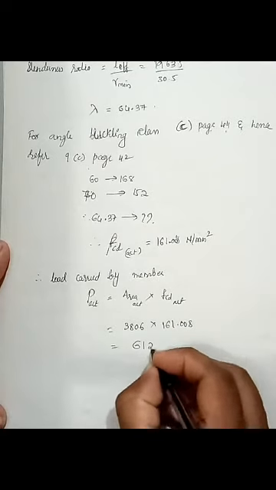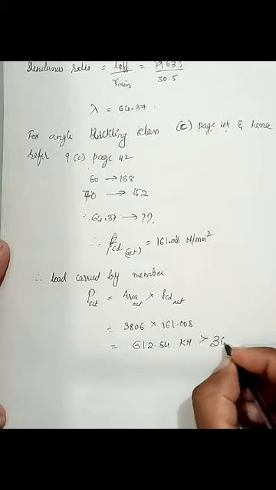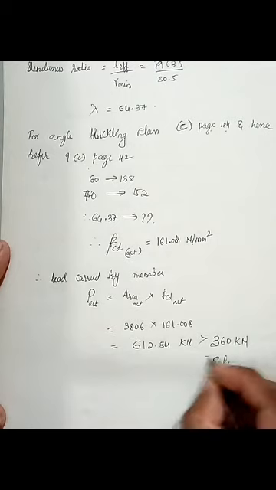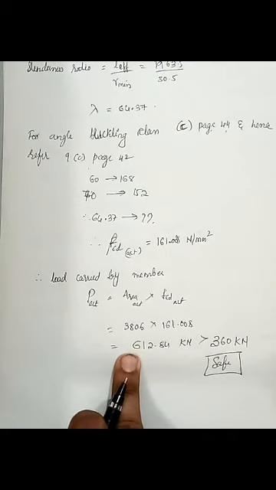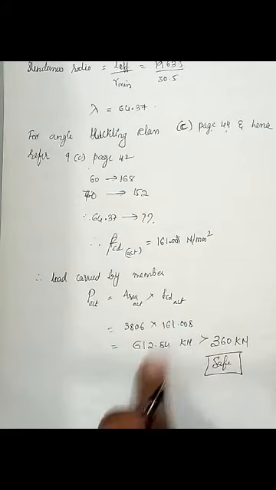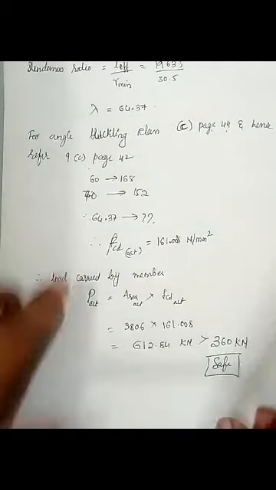So 612.84 kilonewton, which is greater than 360 kilonewton. So hence safe. The designed member can take the load 612, and the load presently on that member is 360. Hence the design is safe. So your top chord is over.